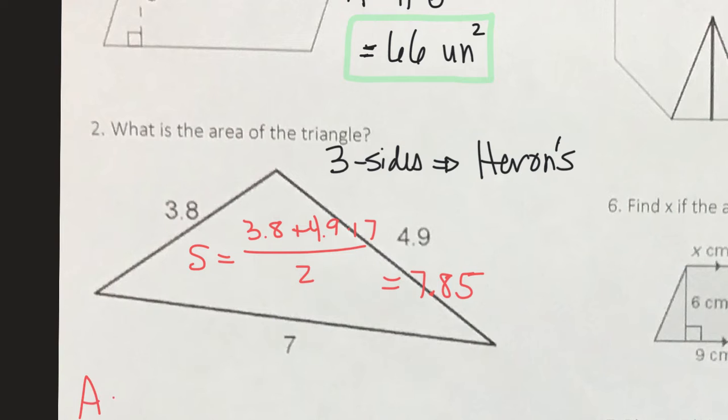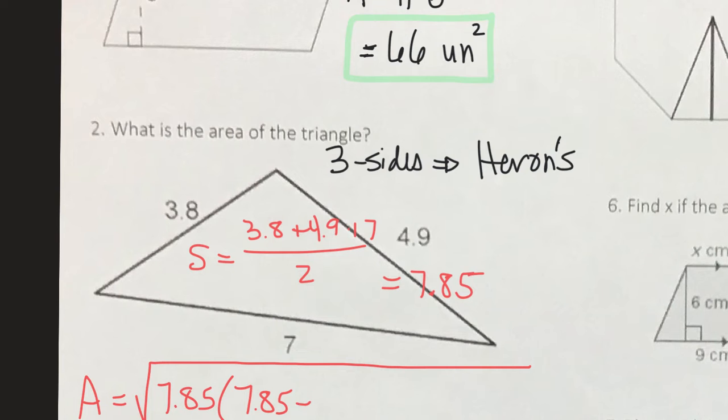Now that we know that, we can go into our Heron's area formula. It starts with the semi-perimeter, and then it has the semi-perimeter minus every single side, and then multiplying them all together. So 7.85 minus all the other sides.